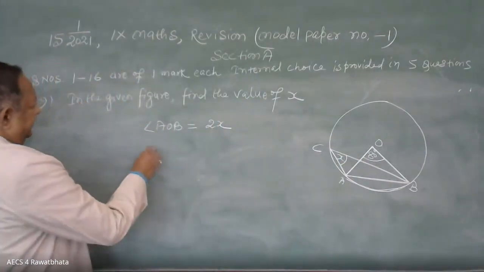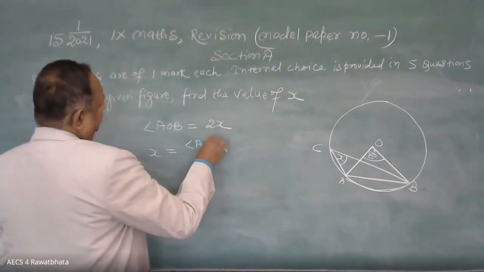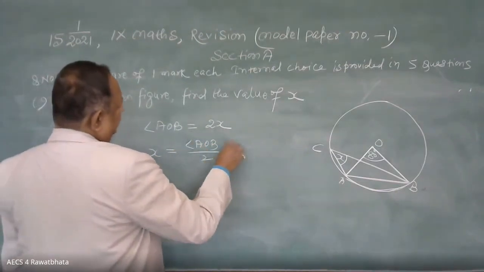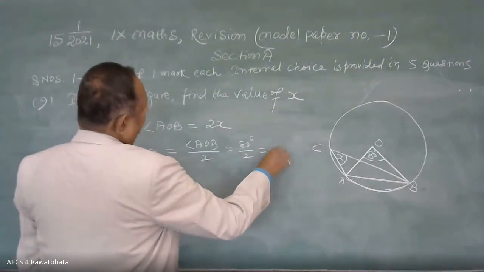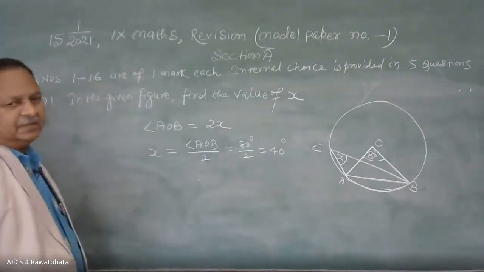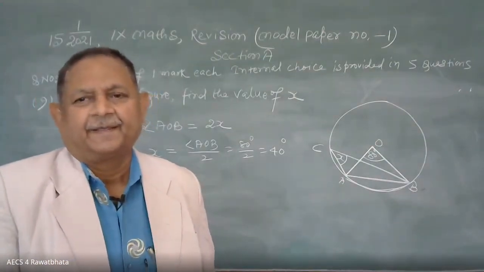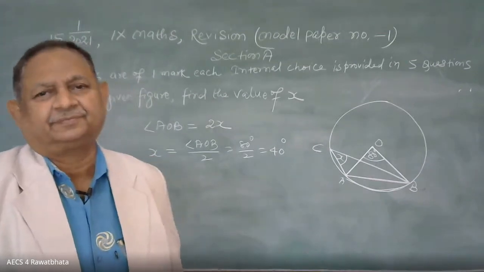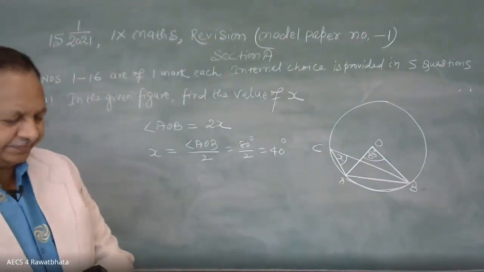So, x will be half of angle AOB, that is 80 degree by 2, 40 degree. So, 40 degree is the correct answer. So, you are right, 40 degree.